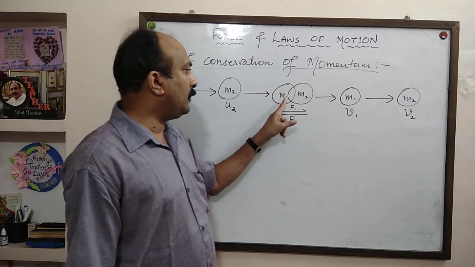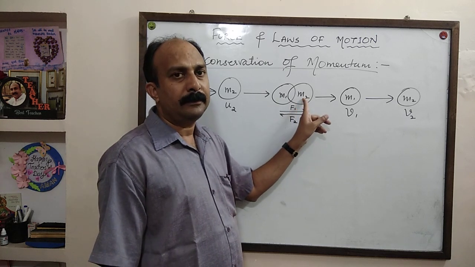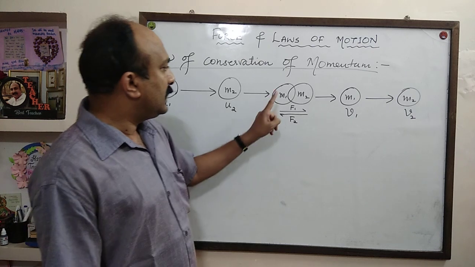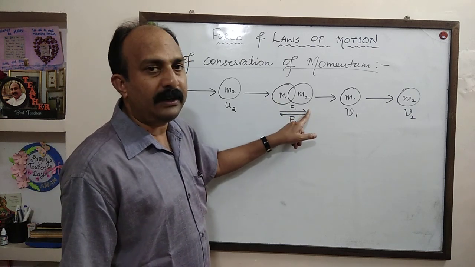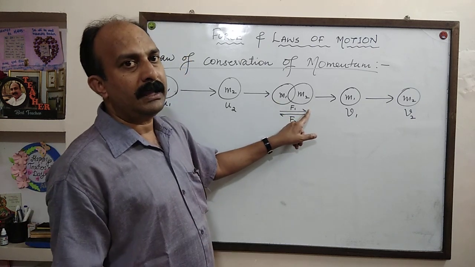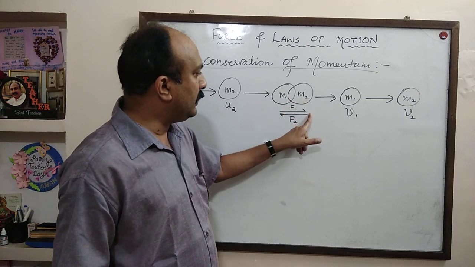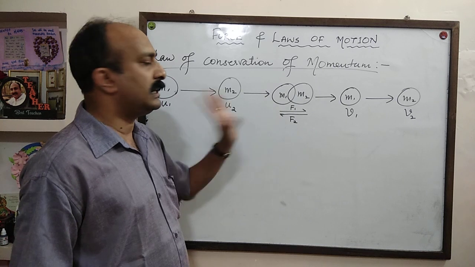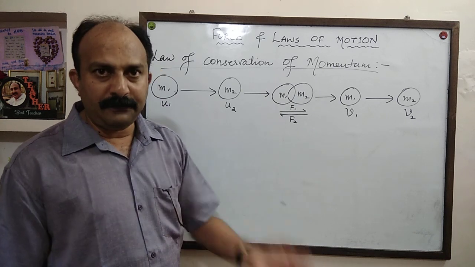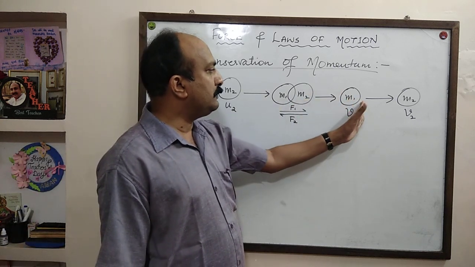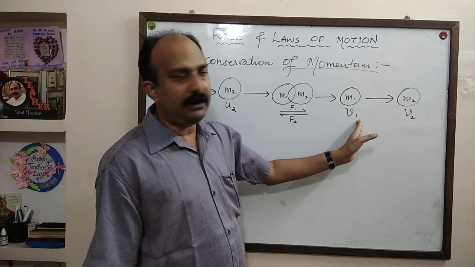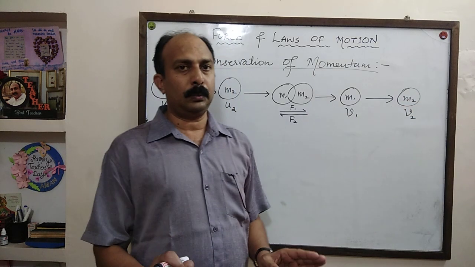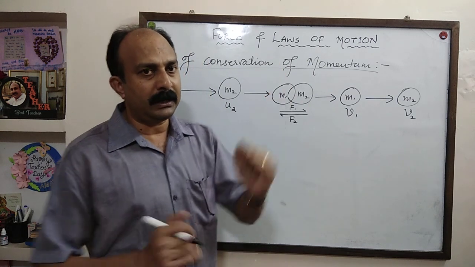Then the first body will collide with the second body for a time t seconds, during which the first body exerts a force F1 on the second body, and then the second body will exert the same force F2 back on the first body. After the collision, let the first body move with final velocity v1 and the second body move with final velocity v2. You have to write this paragraph first.